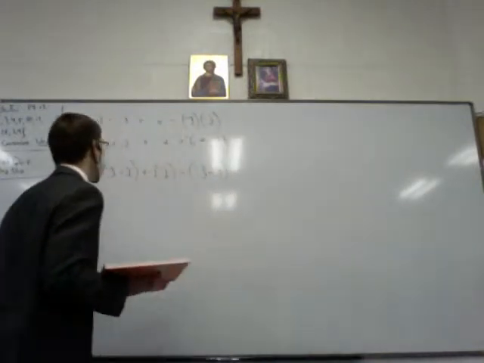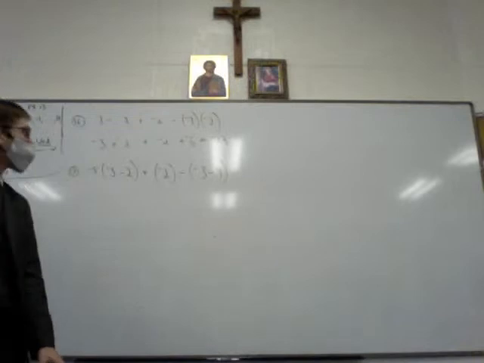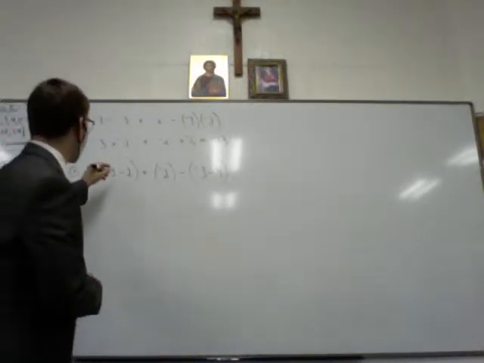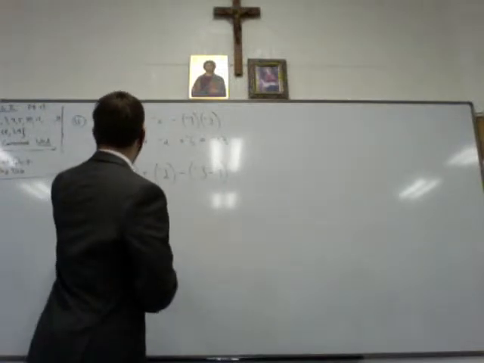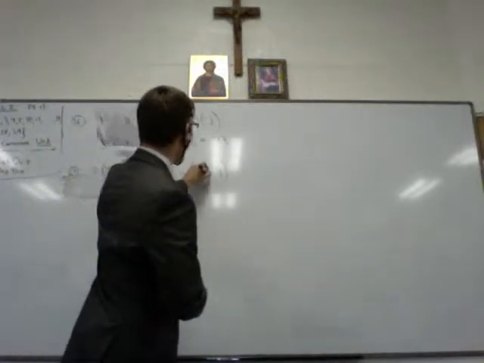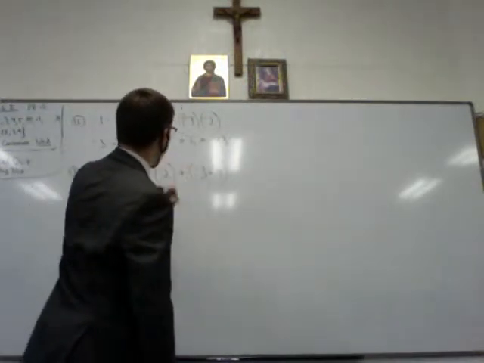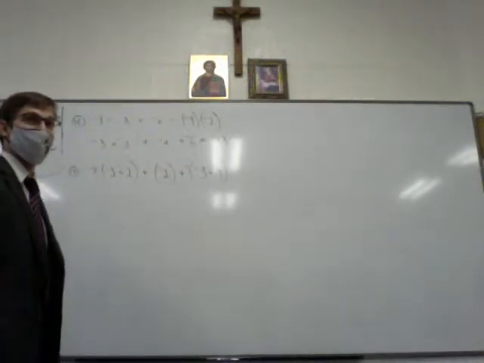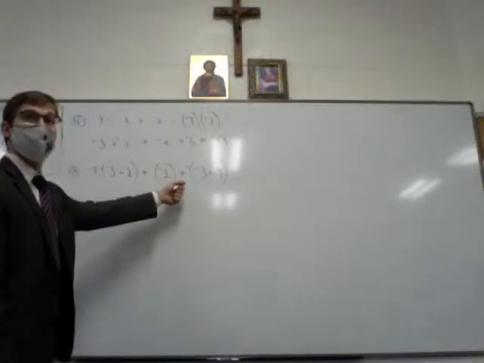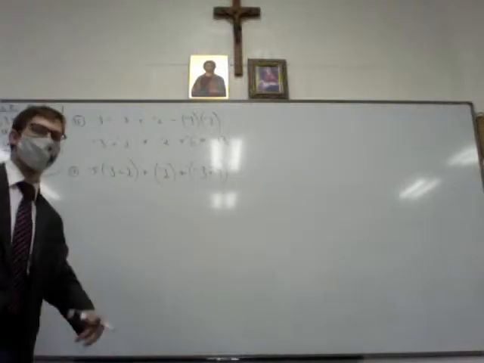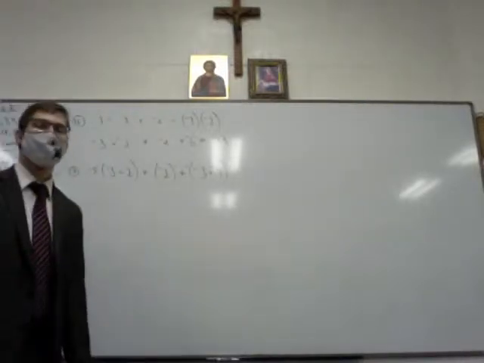What do we do first? -3 plus -2, and -3 plus -4. We could also convert this to adding a negative. So we've gotten rid of subtraction, which is great because I hate subtraction. What next?